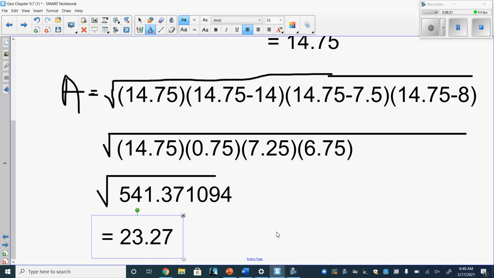And I'm rounding to the nearest hundredth, the second decimal place.